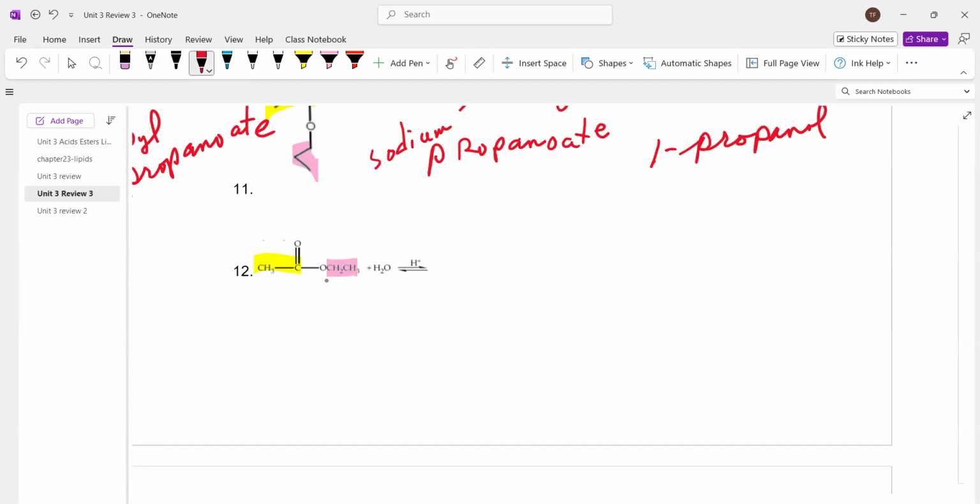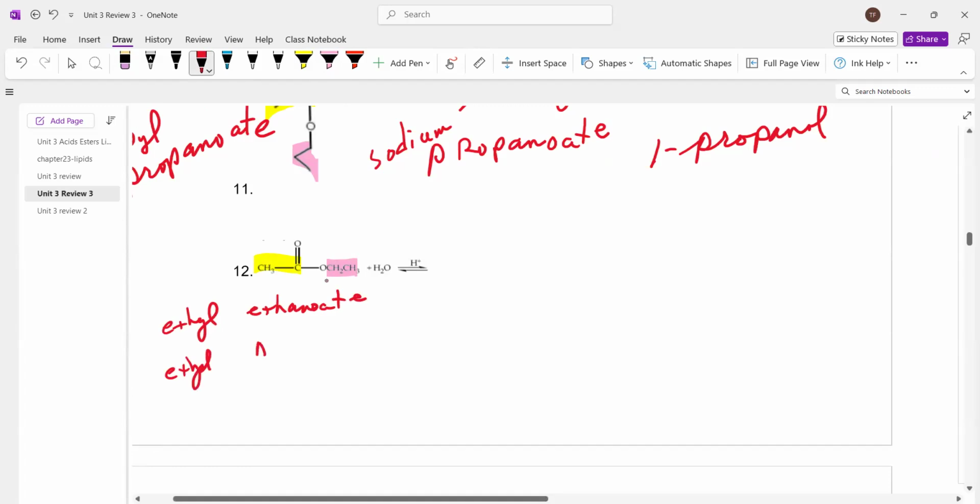So the alcohol is going to be ethyl, or ethyl acetate. For our class, I just go with the IUPAC name, because otherwise there's a whole bunch of common names you may or may not run across.